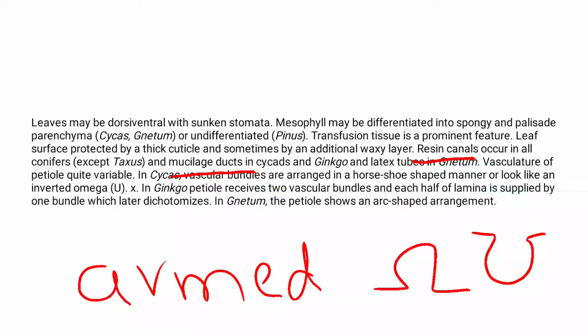This is seen in Cycas. And in Gnetum, the arrangement of vascular bundles is arch shaped like this, or inverted arch shaped like this. So this is about the anatomy of leaf in gymnosperms.